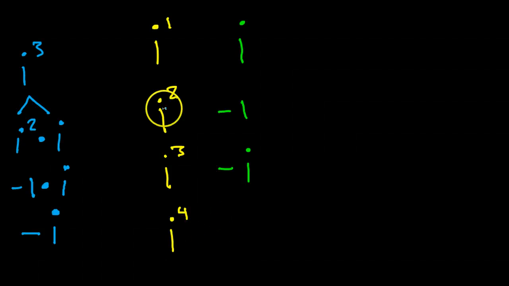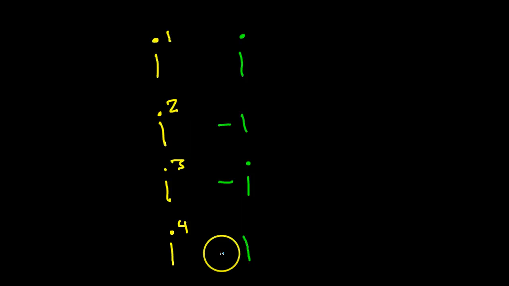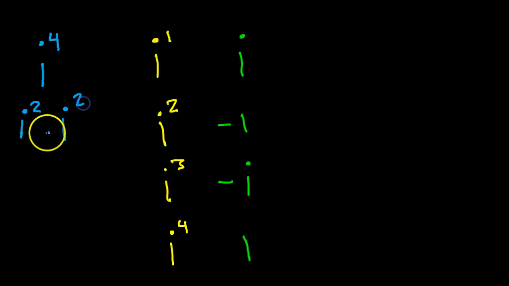Okay, and then there's i to the fourth power. Well, i to the fourth power is just 1. And here's why that makes sense. I to the fourth power is the same thing as i squared times i squared, because when you do exponents, i squared times i squared is i to the fourth power.